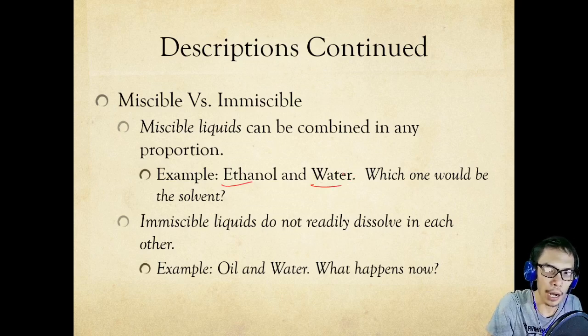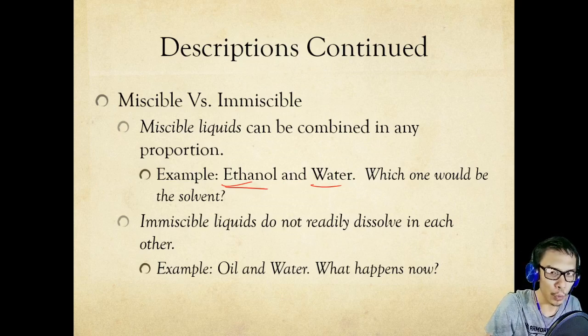So, meaning to say, the end product, the solution itself, is somehow telling you that that is the final solution that you have right there. You cannot tell which one is greater, the ethanol or the water, or vice versa.